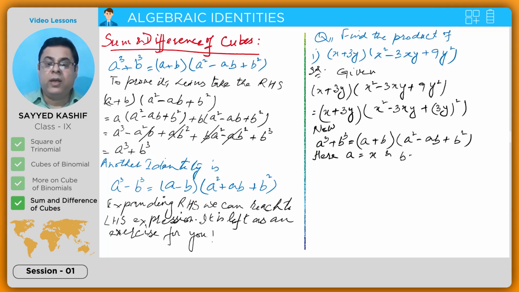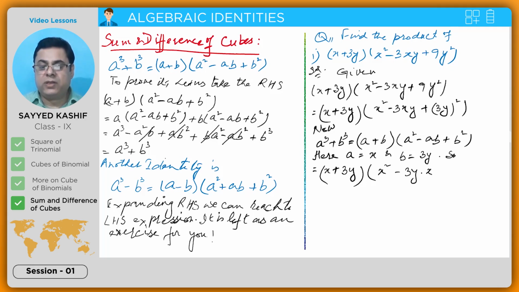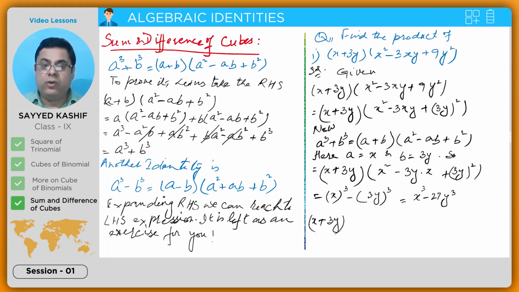As we observe, here a is equal to x and b is equal to 3y. So (x plus 3y) into (x square minus 3y into x plus (3y) whole squared) is equal to x cube minus (3y) whole cube. That is equal to x cube minus 27y cube.